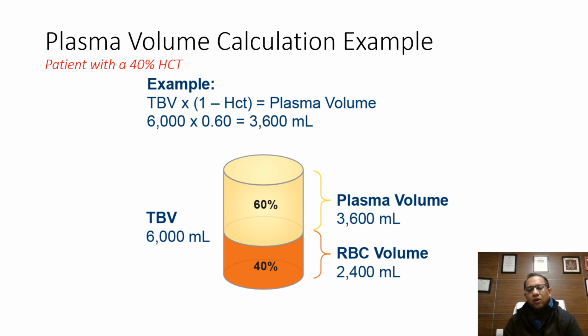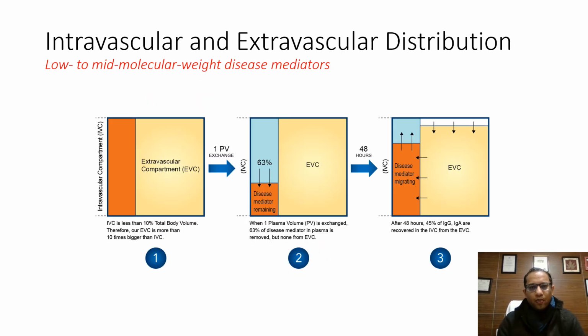Similarly, you can calculate the 1.5 plasma volume. Now this is a very important concept of intravascular and extravascular distribution because you are going to remove the disease mediator. If you see in this compartment, this is the intravascular compartment and this is the extravascular compartment. The intravascular compartment is 10 times smaller than the extravascular compartment.